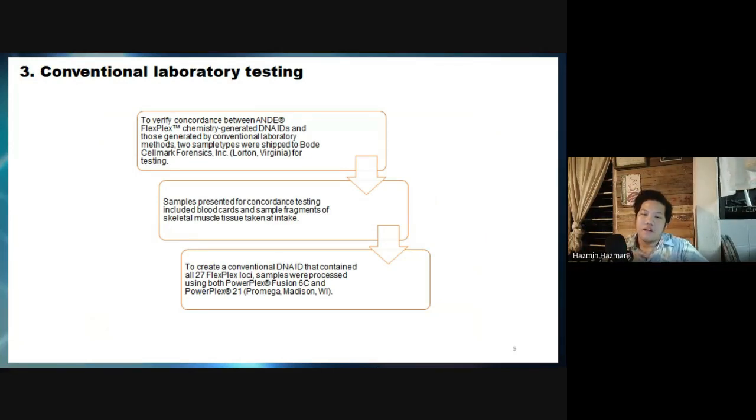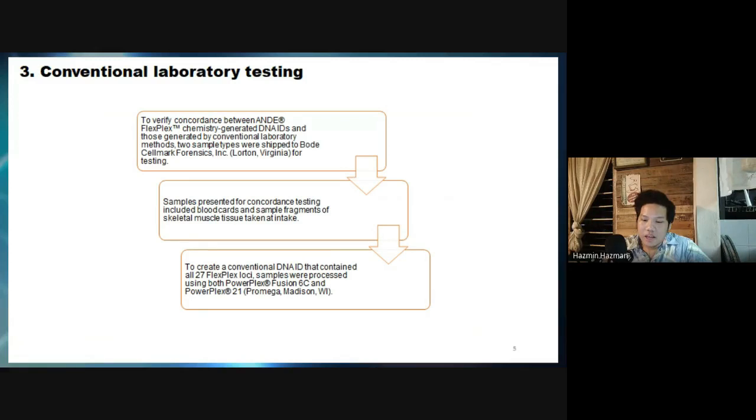This is to verify the comparison between the Blackfly chemistry generated DNA ID and the conventional laboratory method. The samples are sometimes shipped to Bode Forensics at USS for testing. The samples presented for conventional testing include all the samples used in their research.